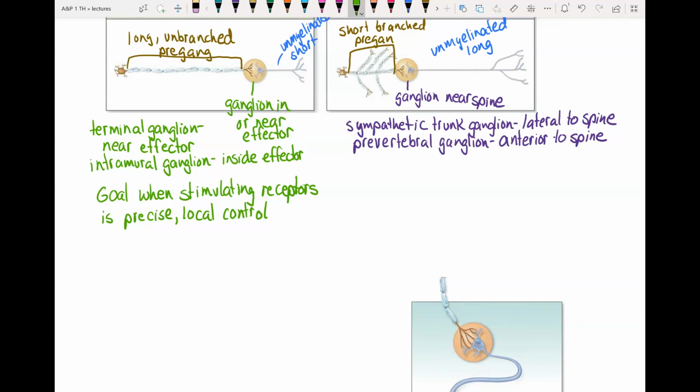So it wants to just specifically pick out a particular receptor and stimulate that receptor, or effector, I should actually say. So the features that help with this are that you have that long, unbranching preganglionic axon. This way you deliver the signal directly to a particular effector.